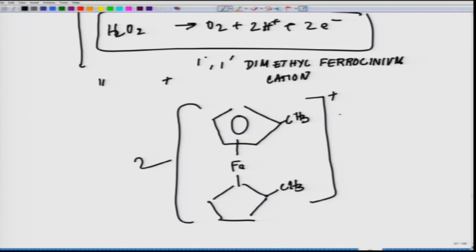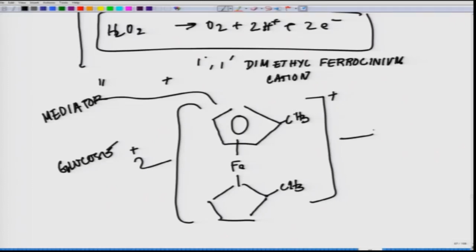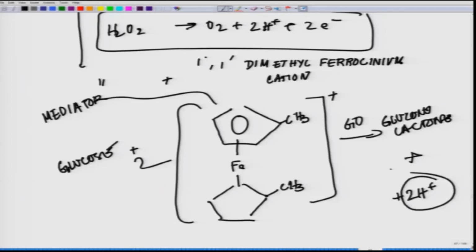Now, in the presence of glucose oxidase, glucose plus 2 dimethyl ferrocenium cation, which is acting as a mediator, forms gluconolactone plus 2 of 1,1'-dimethyl ferrocene, and plus 2 H+. So, 2 protons are getting generated.